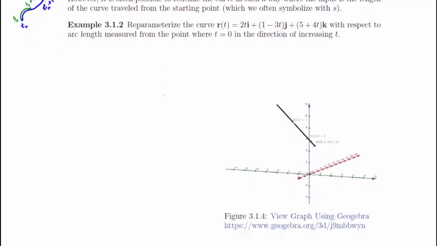If we look at example 3.1.2, reparameterize the curve r of t equals 2t times the unit vector i plus the quantity 1 minus 3t times the unit vector j plus the quantity 5 plus 4t times the unit vector k, with respect to arc length measured from the point where t equals 0 in the direction of increasing t.